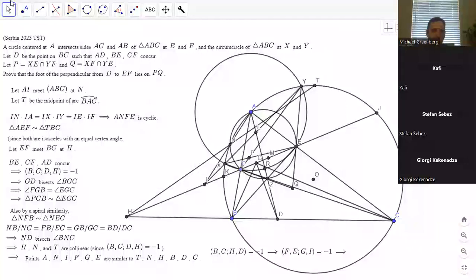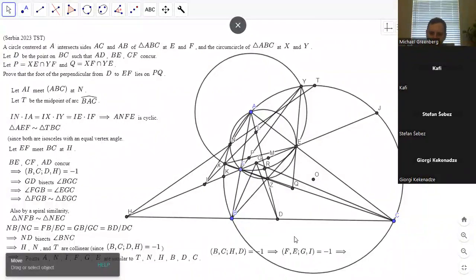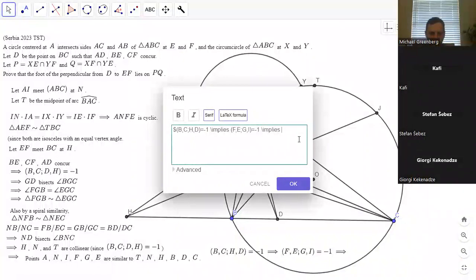With respect to the circle centered at A. So I'll say XYEF. Maybe put that in a new line.